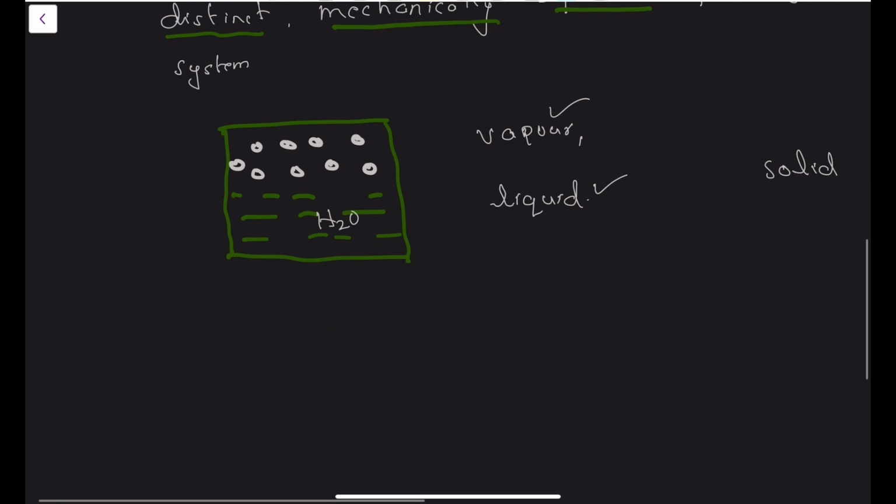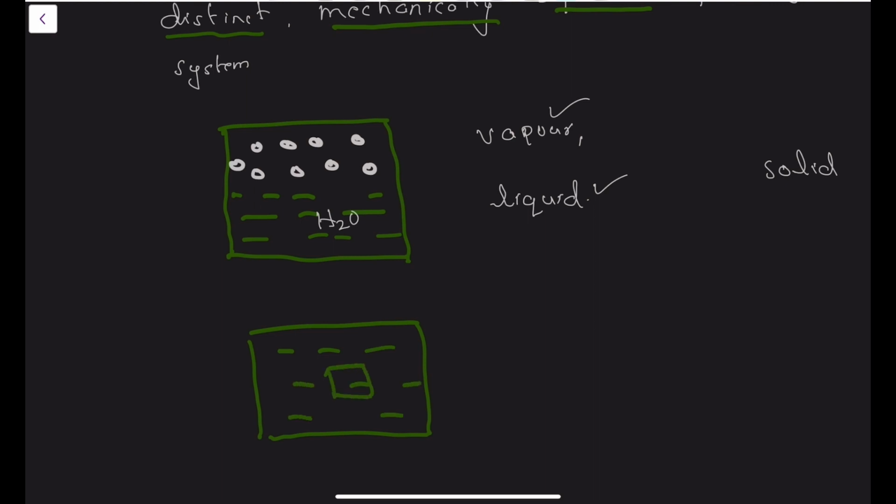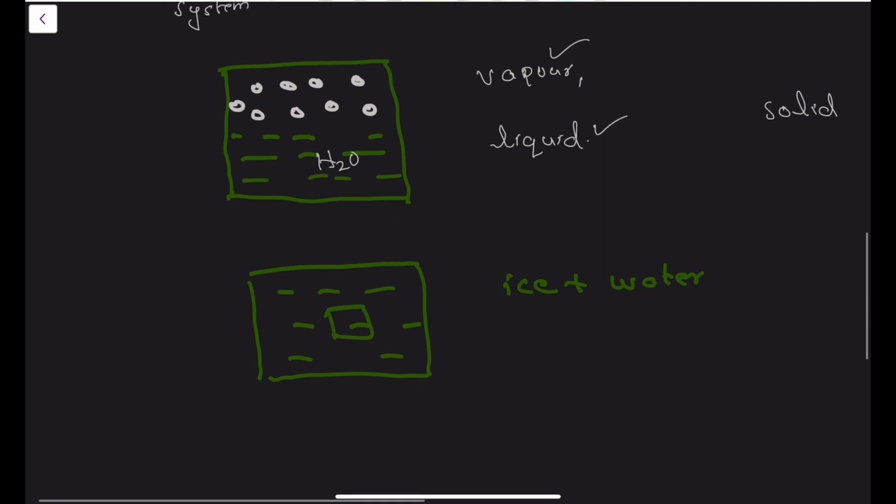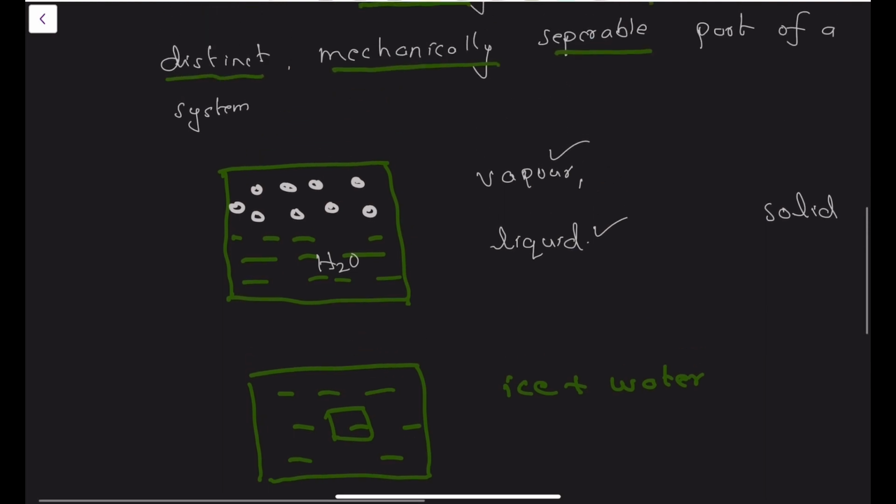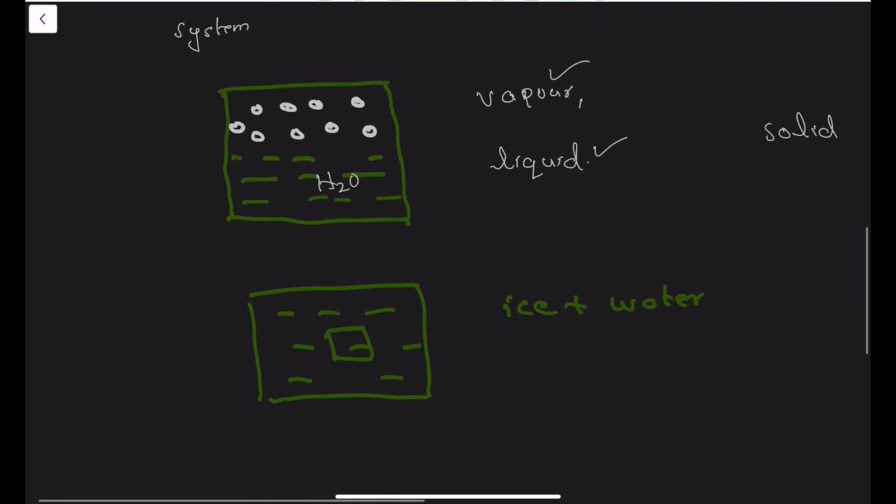Let us look at one more example here: liquid H2O and solid H2O. If you put in an ice cube, that is ice plus water, the chemical composition is the same, it is H2O itself, but they are physically distinct and mechanically separable.